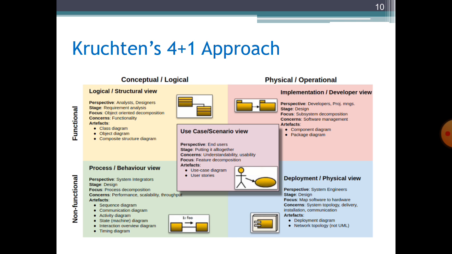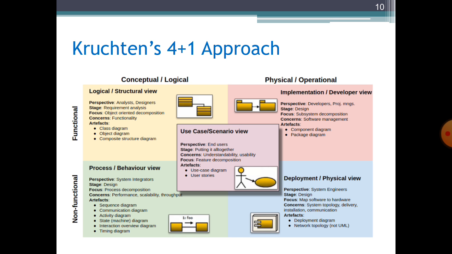The next one is the implementation and developer view. This view portrays a static organization of the code: components, modules, and packages. The perspective here includes developers, project managers, and all the stakeholders of this view.